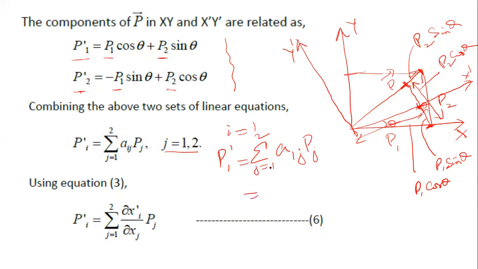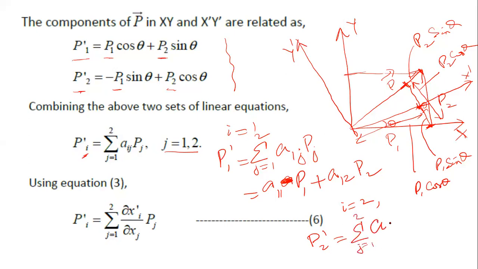Now j is summing from 1 to 2, so it is A11 P1 plus A12 P2. Similarly, if you take i as 2, then P2 prime will be the summation over j from 1 to 2 of A2j Pj. If you sum that, you will get the same set of relations.